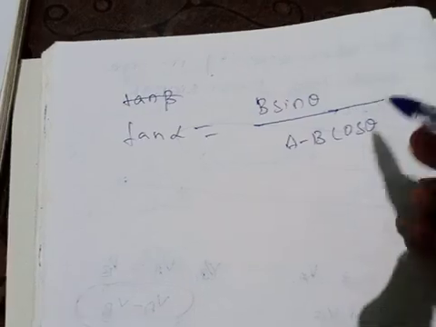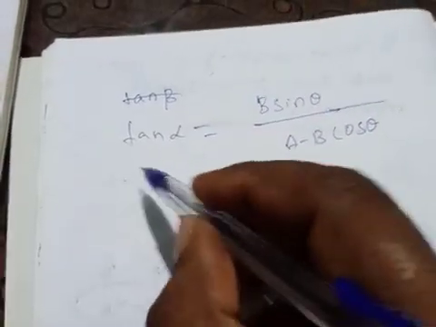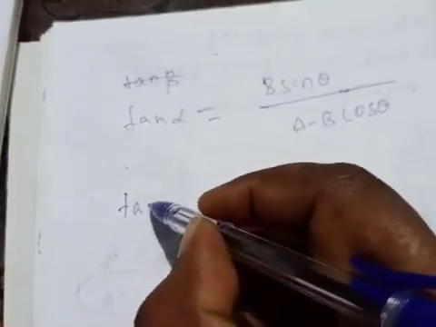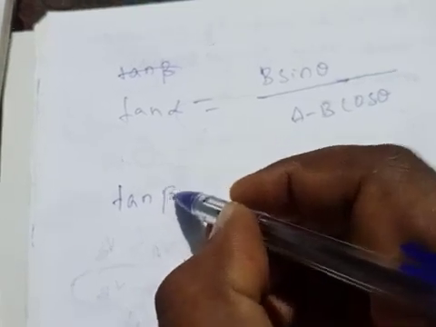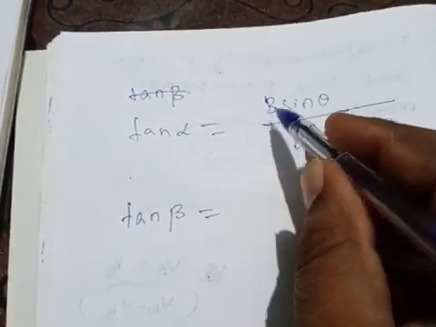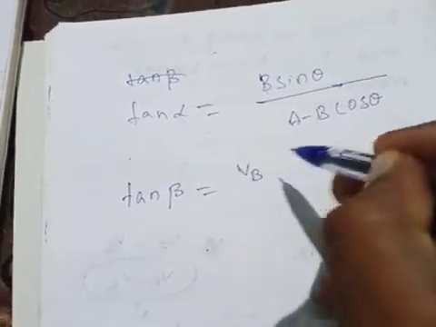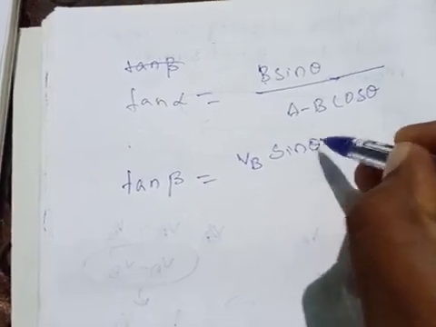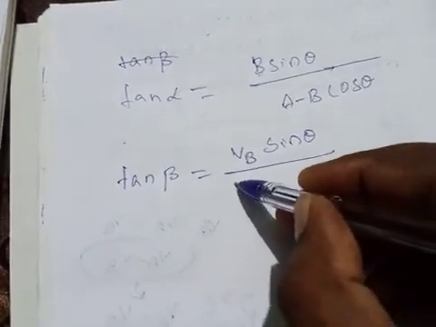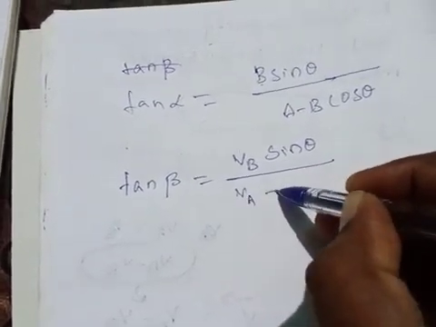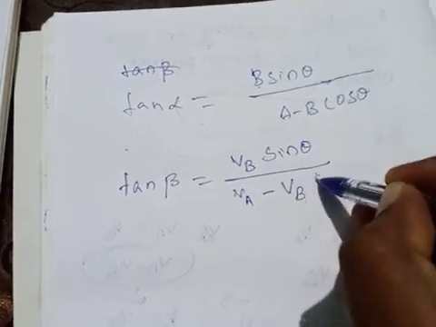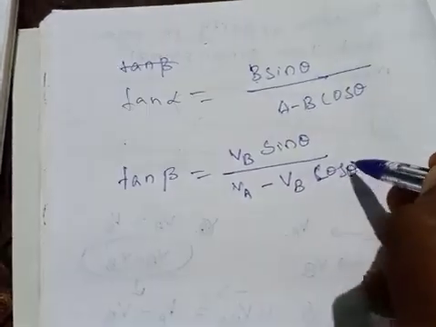This is what you have found in the triangle law of addition. The same formula is used here. So you can write tan beta is equal to VB sin theta by VA minus VB cos theta.